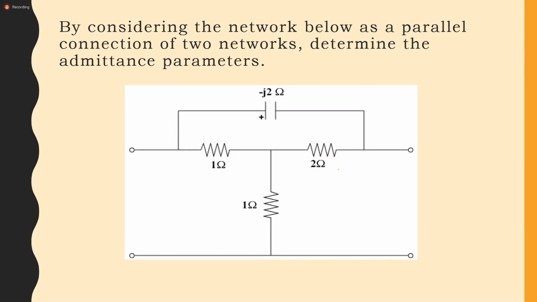All right. What we have here, we are told that they are in parallel. So let us look at which elements really form each of the networks and how it is that they are in parallel, because that's important.